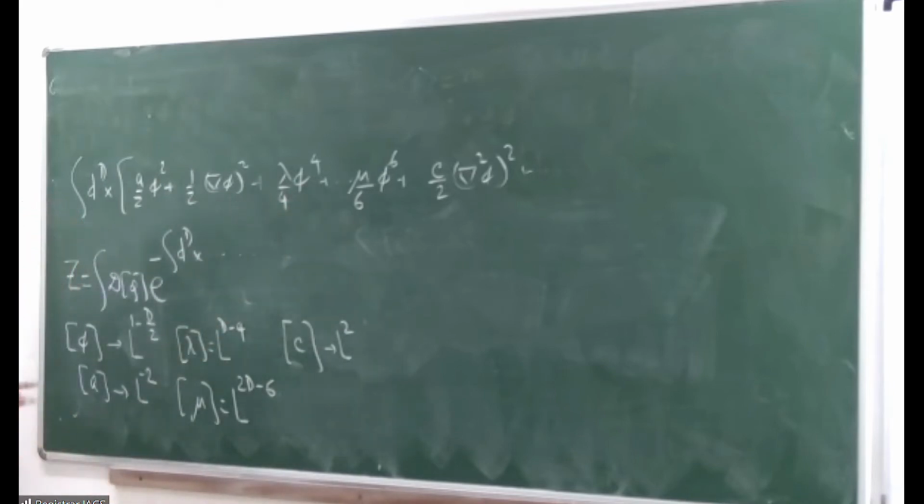But D equal to 3, I have some hope. So at D equal to 3, the mean field theory that one does is a reasonable answer, and it is atrocious in D equal to 2 or 1.